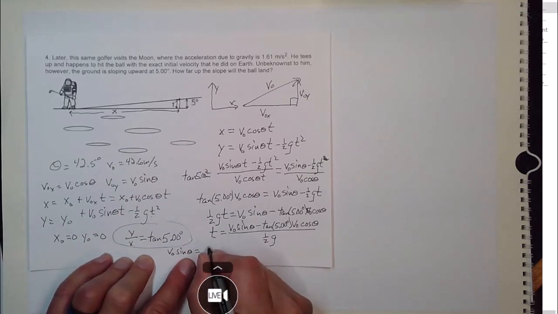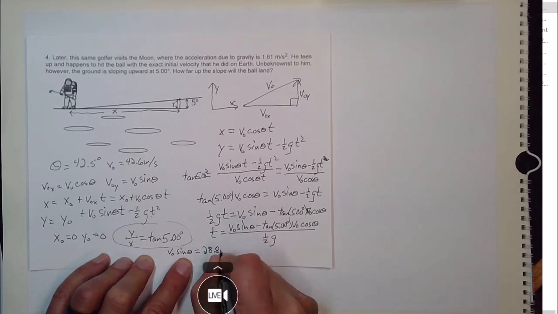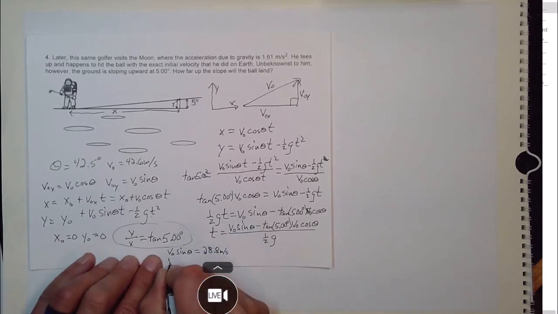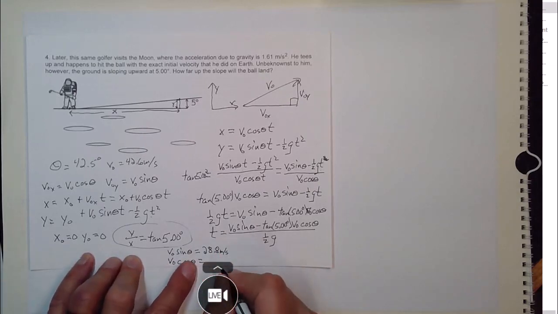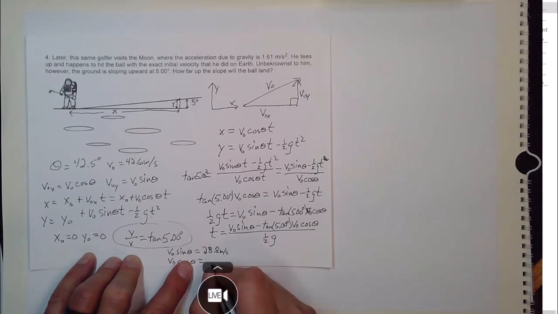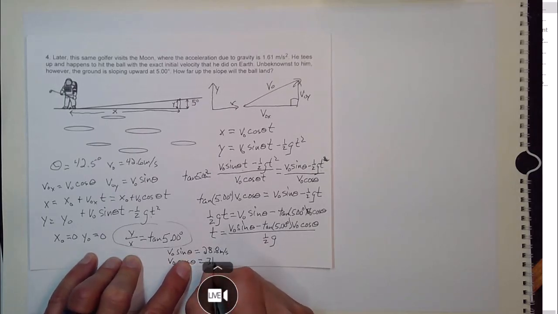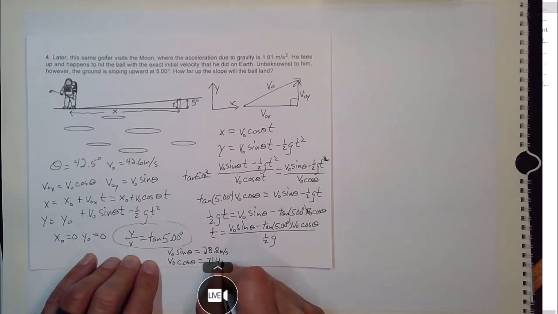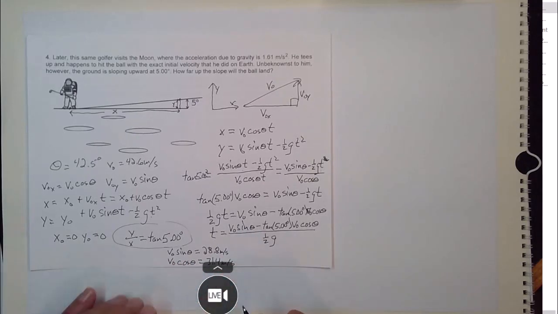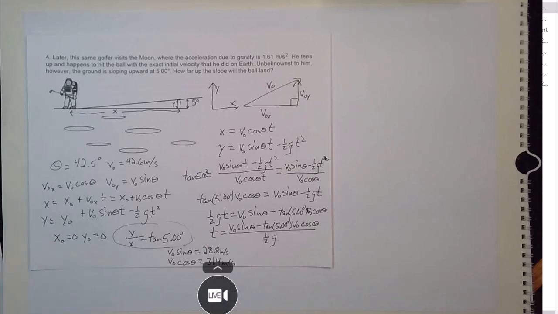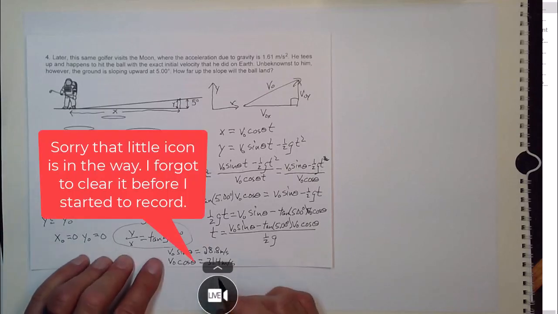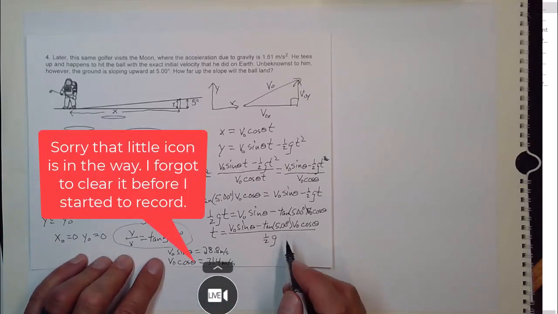So this ends up equaling 28.8 meters per second. v naught cos theta is equal to 31.4 meters per second. Oh, and I've got more room to work down here too. Great.